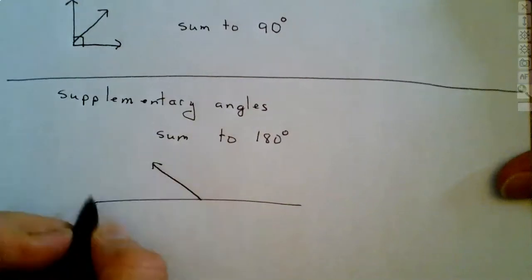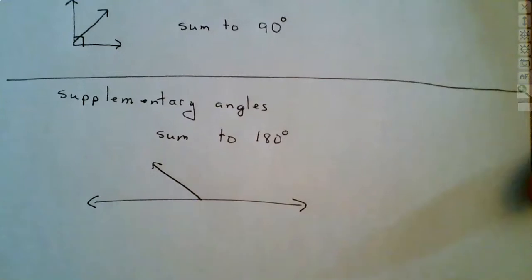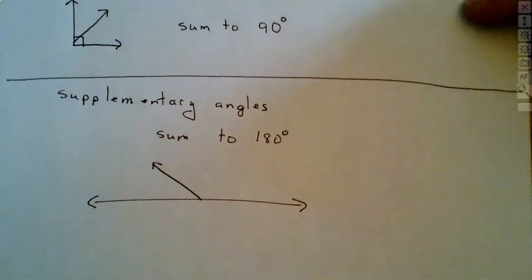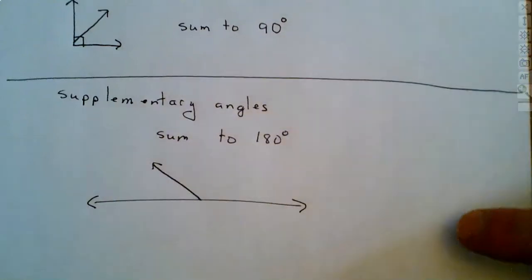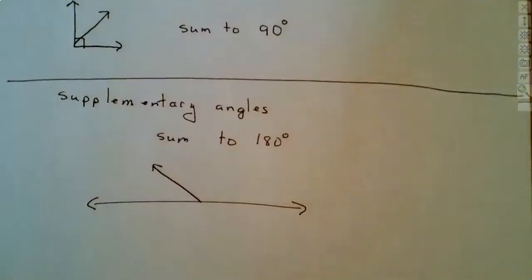See, these would sum to 180 because they form a straight line. And we've got one more type to look at, and that's vertical angles. So we've got complementary, sum to 90, supplementary, sum to 180, and we've got vertical angles next. And we'll do an example of a vertical angle. The vertical angles equal each other.